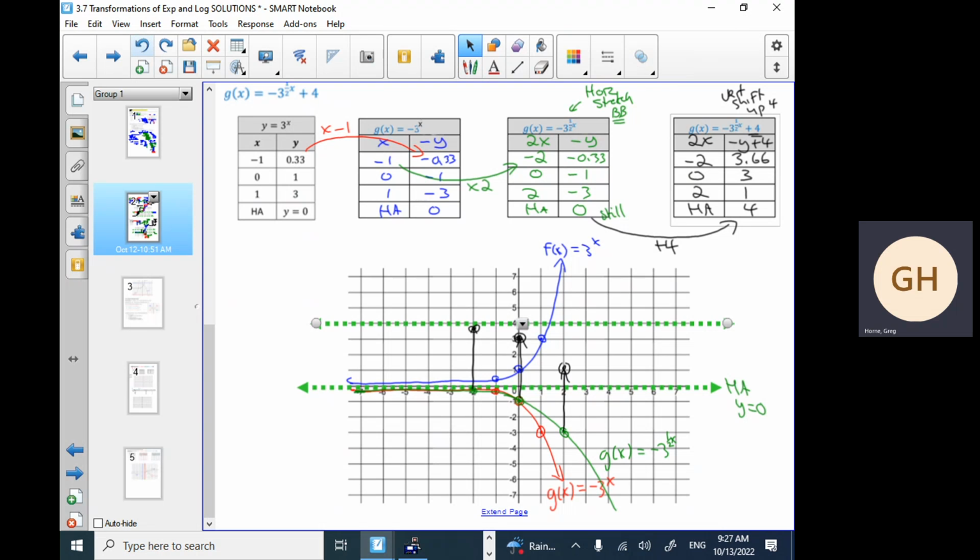And then you can draw. So we're just skimming the horizontal asymptote, going through our points like that. So there's our function overall. We've got our negative 3 to the 1/2 of x, and then the whole thing outside of all that adds a vertical shift of 4.